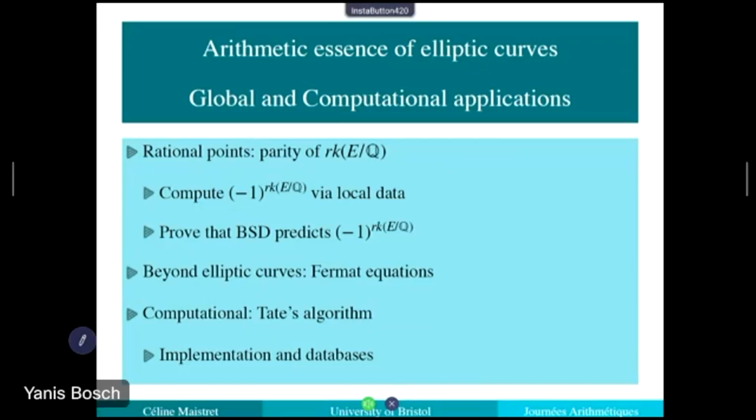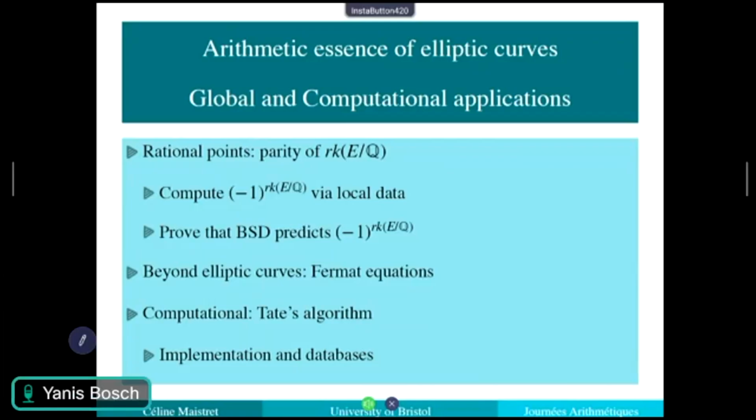And here again, the fact that we know this classification has allowed other researchers to prove the parity conjecture for elliptic curves in certain cases. So this is very much a global application. Another one that I should cite, which does not appear in the bridges but should somehow, is beyond elliptic curves when it comes to Fermat equations.